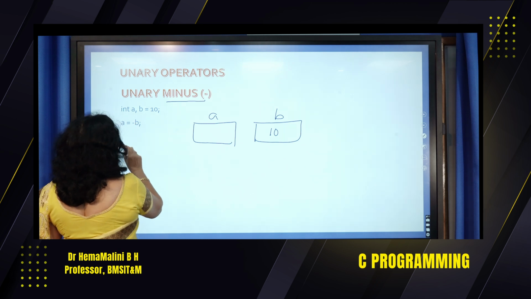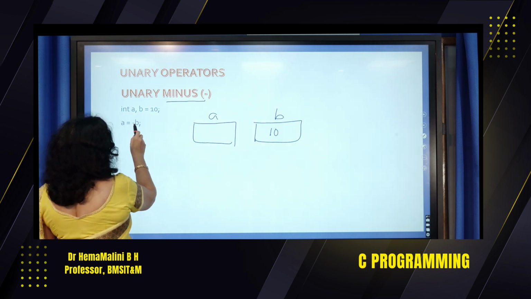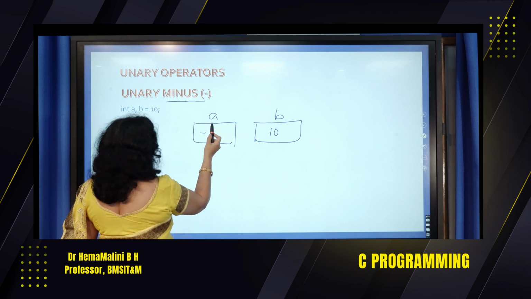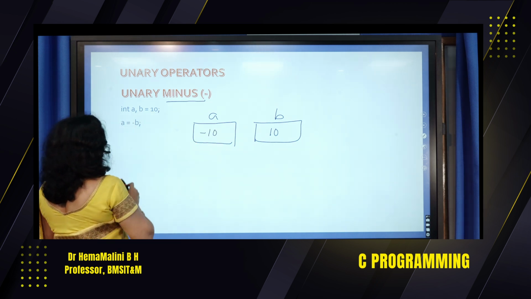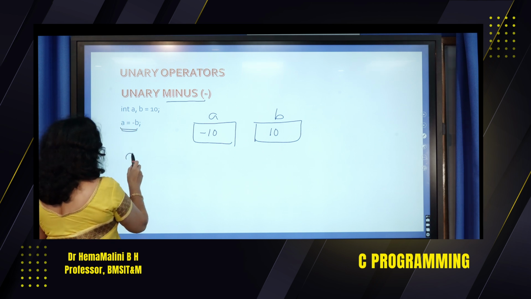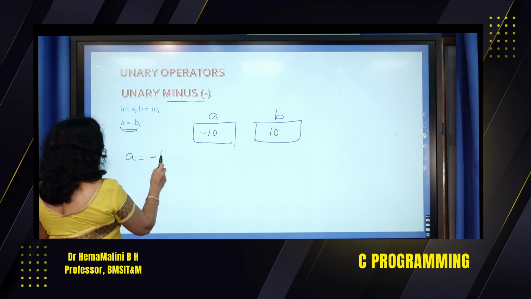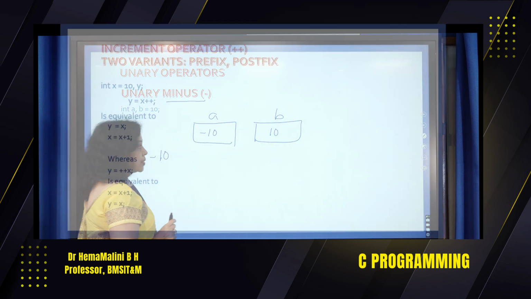So minus B is assigned to A. We are going to take the negative value of this B. B is 10, minus B, which is assigned to A. So A is going to get the value minus 10. So this is unary minus.